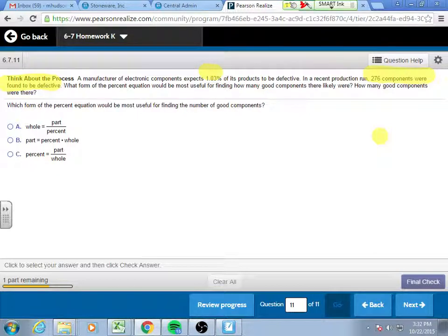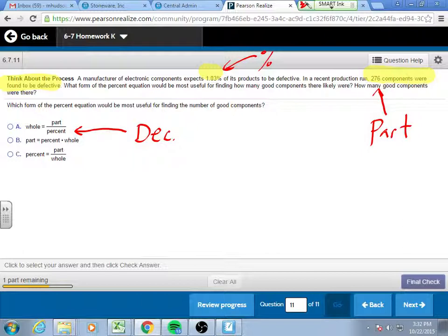Here's the thing though. We've been given the parts and we've been given the percents. So what are we missing? The whole. You want to write this formula down and it's going to be very useful on your test tomorrow and on your homework. But percent, remember, has to be a decimal.